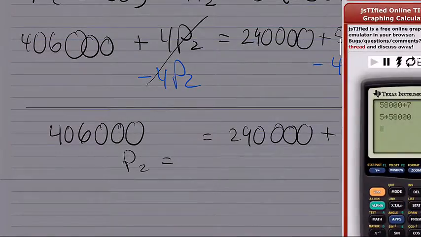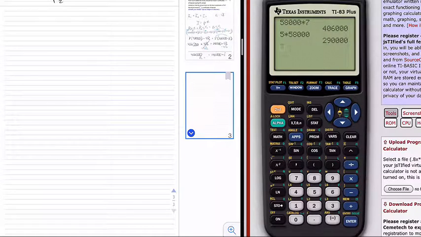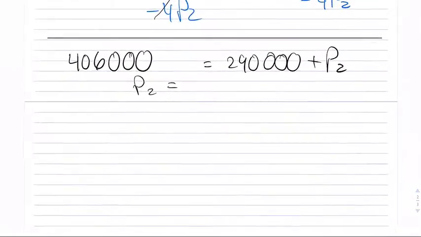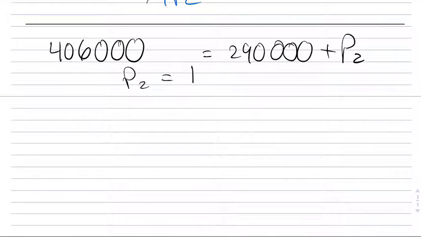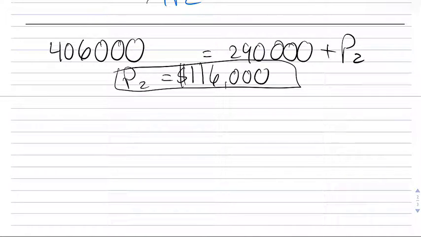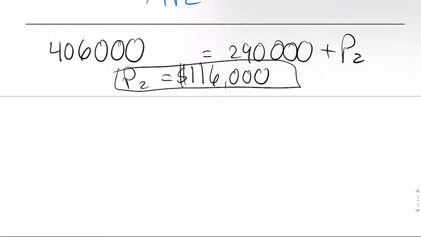So we need to say 406,123 minus 290,123, and that's 116,000. So the claim is that in the second account, he needs to do 116,000.